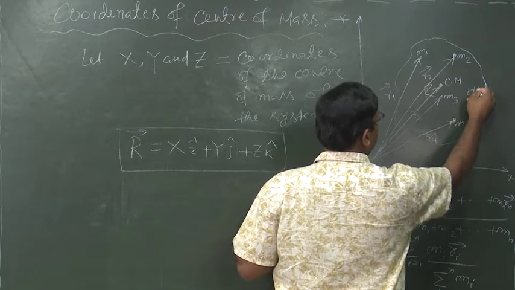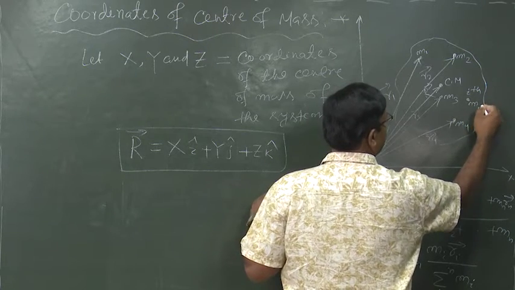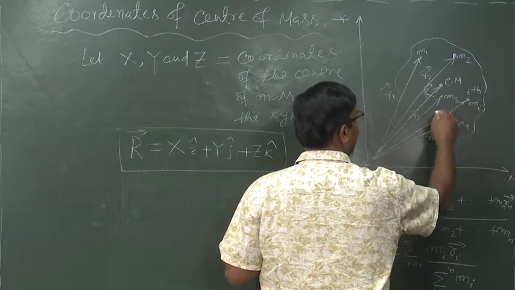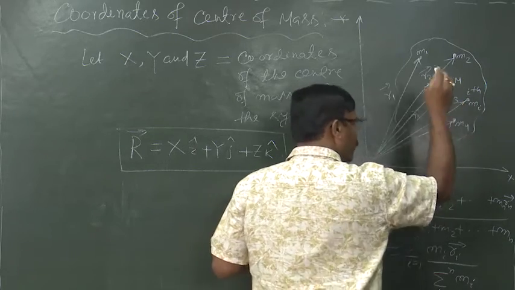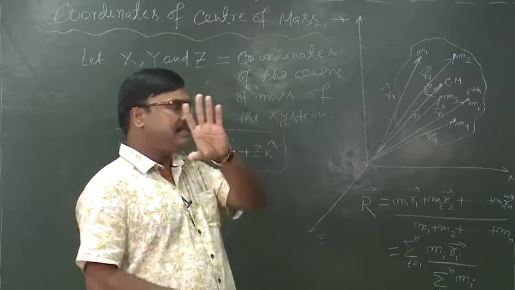If we take the case of the ith particle of the system having mass mi and position vector ri vector with coordinates xi, yi and zi.